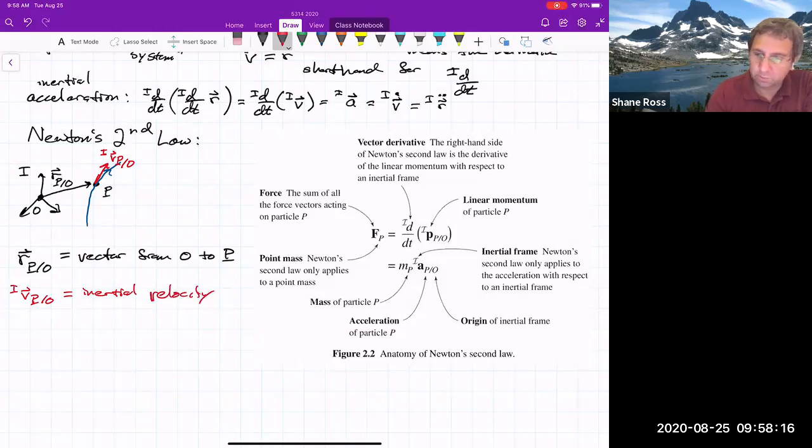And then we get the inertial acceleration, which, let me draw it in the diagram. It's not obvious what direction that's going to be heading. Let me just draw an arrow to it. So that is the inertial acceleration of P with respect to O.